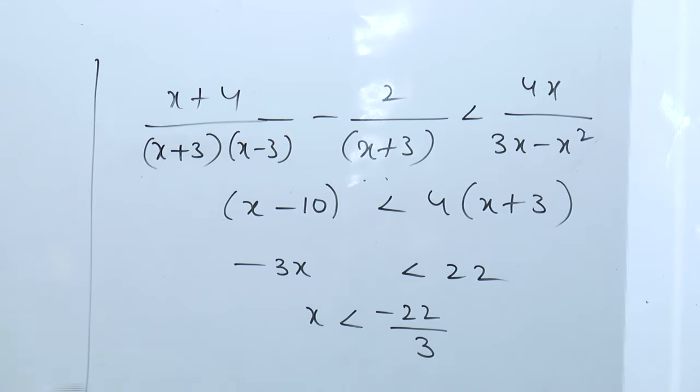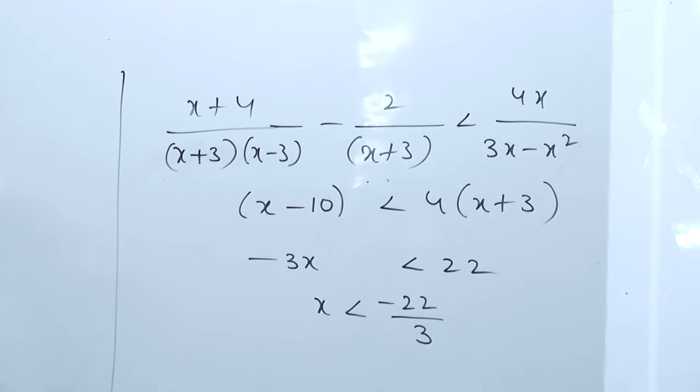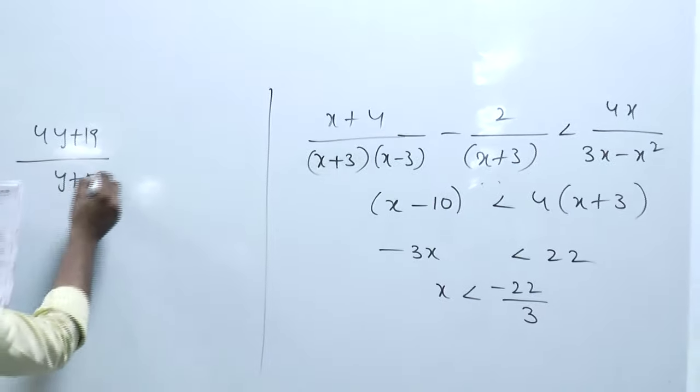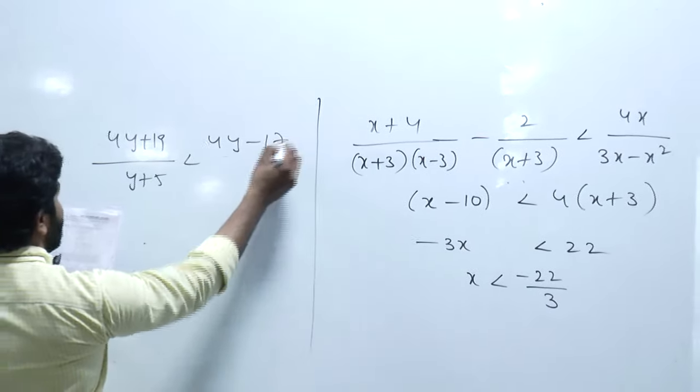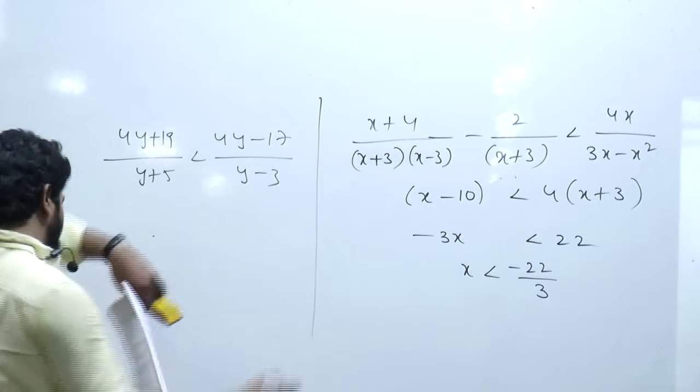Now solve the second one, the y value. (4y+19)/(y+5) is less than (4y-17)/(y-3).